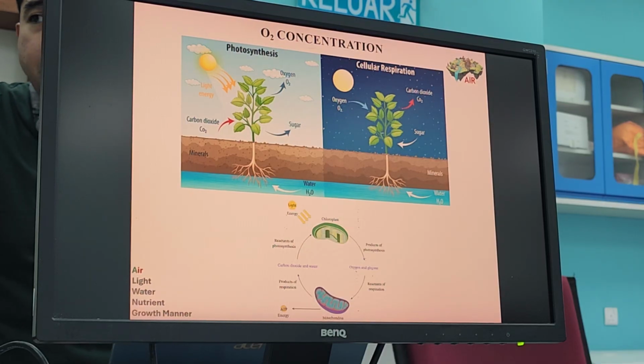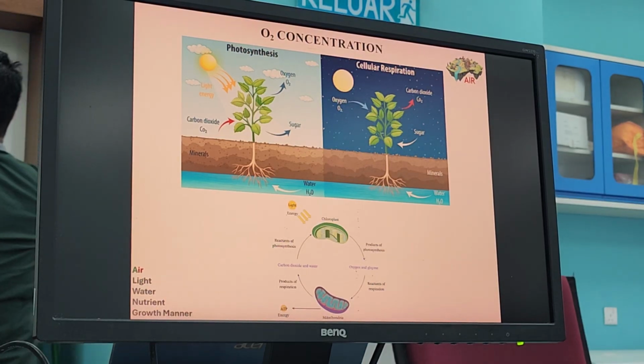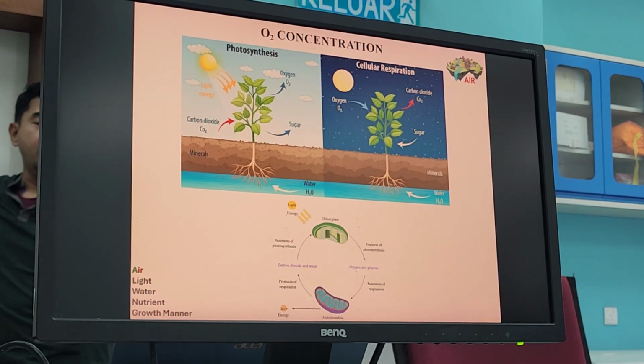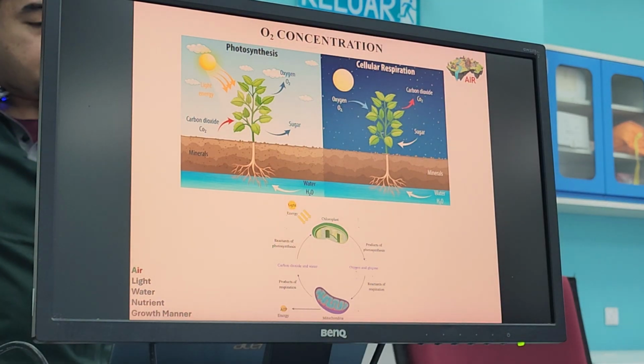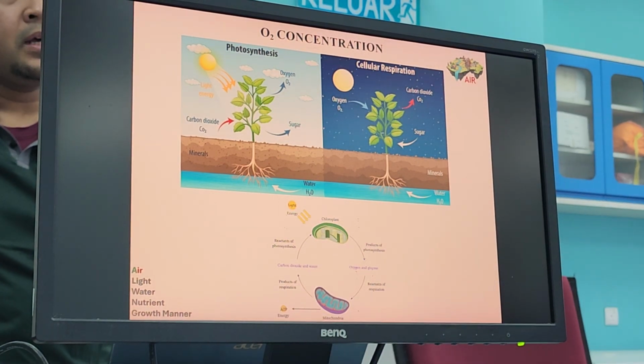So do not think that plants do not require oxygen. It's true, plants produce oxygen as a byproduct of photosynthesis, but plants also use oxygen for their mitochondrial activity, especially at night. But too much oxygen, you will learn later, is not a good thing for plants. It will hamper photosynthesis by the process called photorespiration.